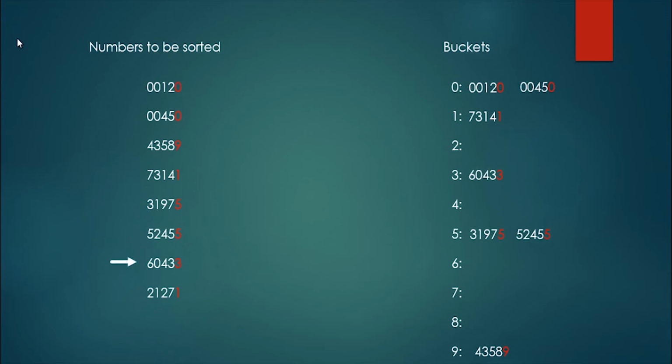then the least significant digit is 3, so we put it at index 3, then 1, and that's the last number. We have to clear the original list and construct it again. As we see, we can do it with linear time complexity. We can construct these buckets with linear time complexity, so it's going to be a linear time algorithm.